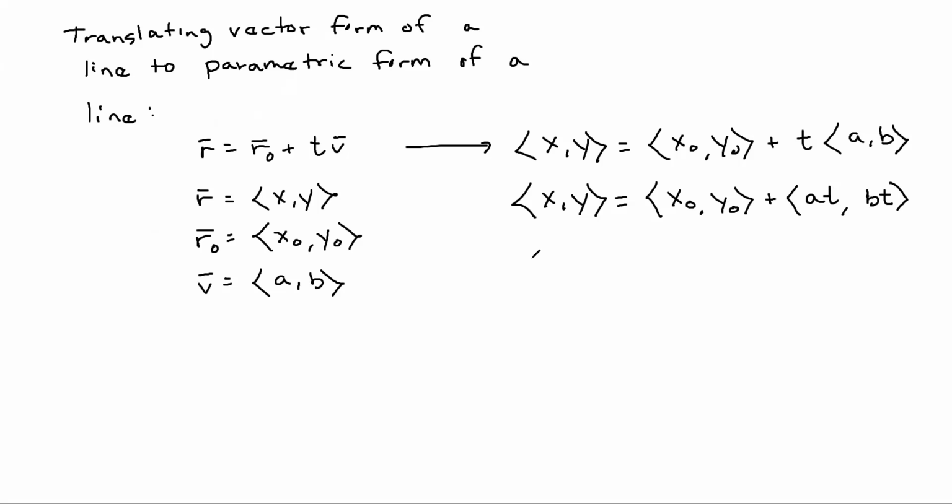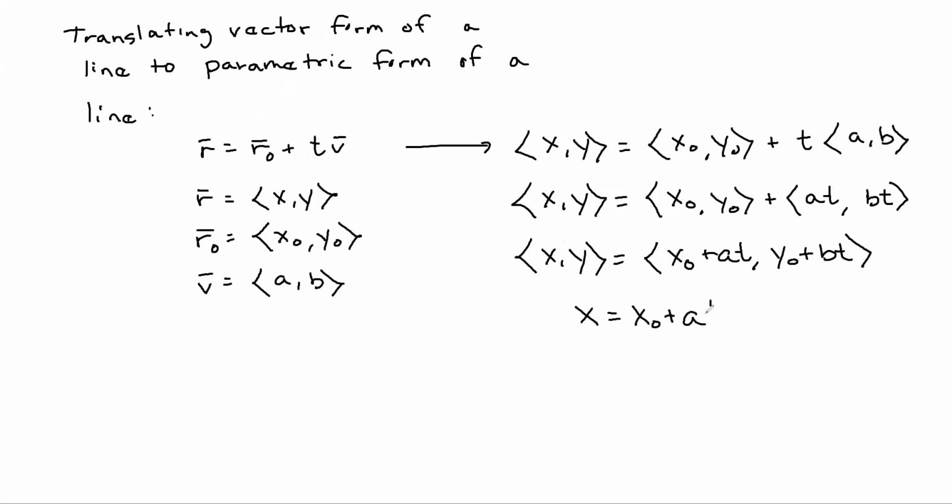When you add vectors, you add the components. And when two vectors are equal, they have the same components. So this can be translated into x equals x naught plus at, y equals y naught plus bt.